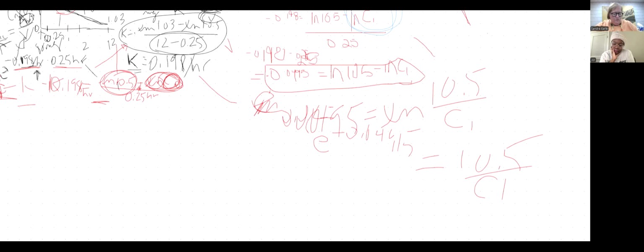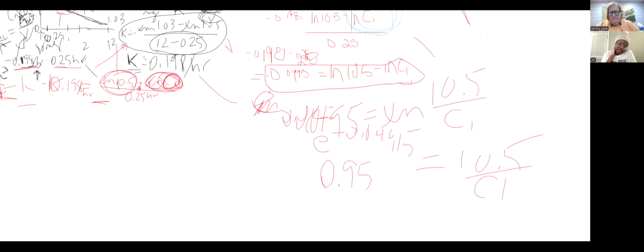So it's going to be e raised to the negative 0.0495. What I got for that is 0.9517 or something like that. Is that what you got?